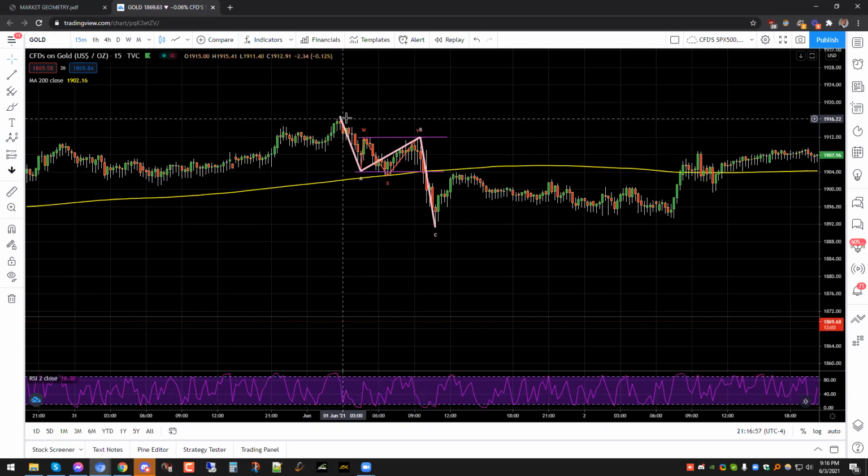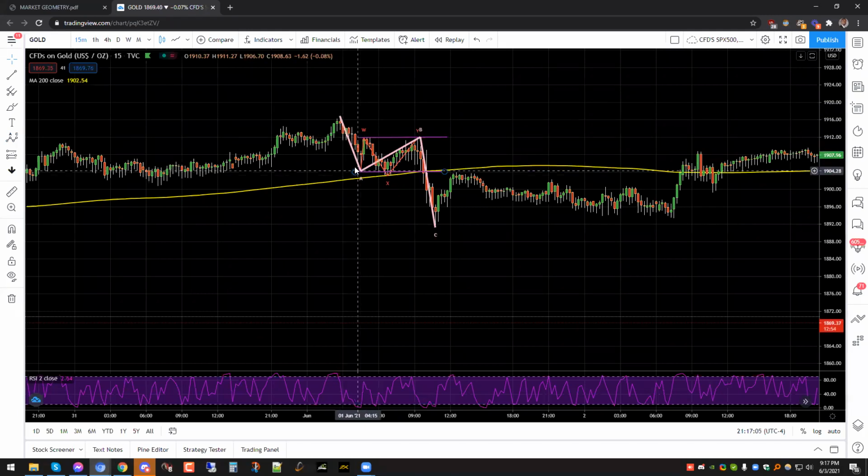Now, if you look inside of the A, you will see that it is three waves. Because it is three waves, I look at it as a corrective move. So this three-wave impulse, it is a strong move down, so we will consider it to be a corrective impulsive move.